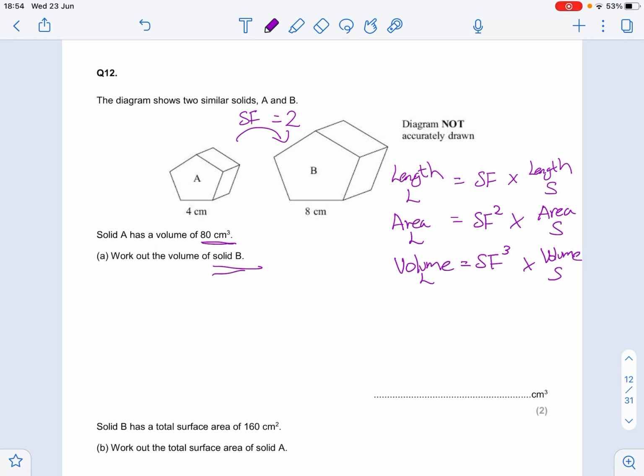Then in here, we want to work out the volume of B. So B is the larger shape, so B would equal the scale factor cubed multiplied by the volume of the smaller shape.